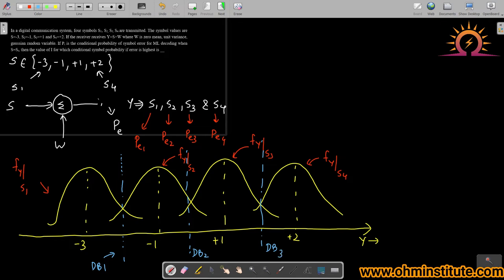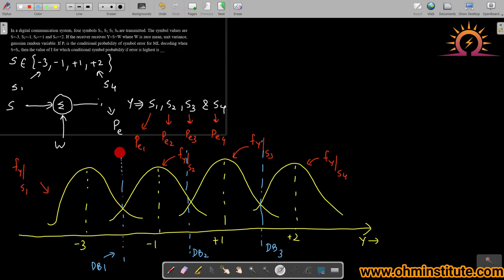Now, if you observe, I would say the probability of error for the symbols -3 and +2 is the least among all these four symbols. Why? Because -3 can be decoded in error only if it bypasses this decision boundary.